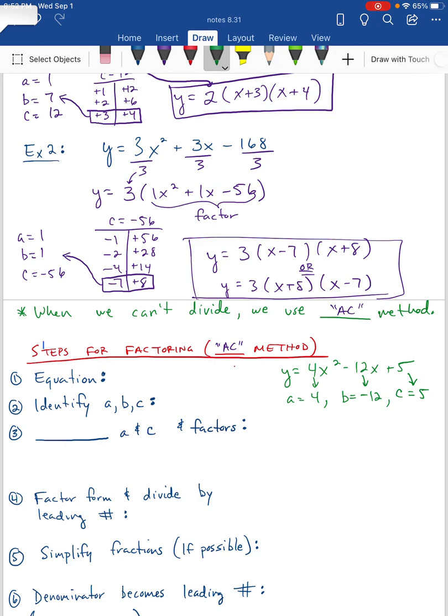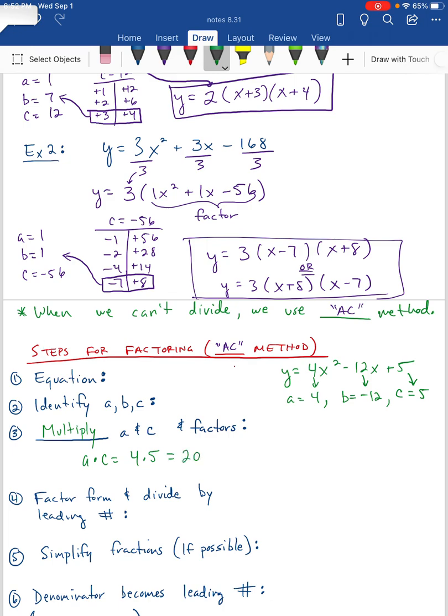Now the third step is to multiply a and c and find the factors of that product. So a times c is 4 times 5, since those are our values, which equals 20.